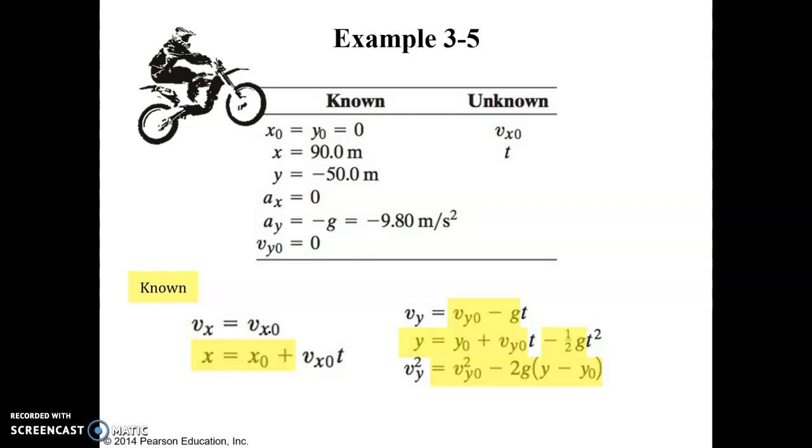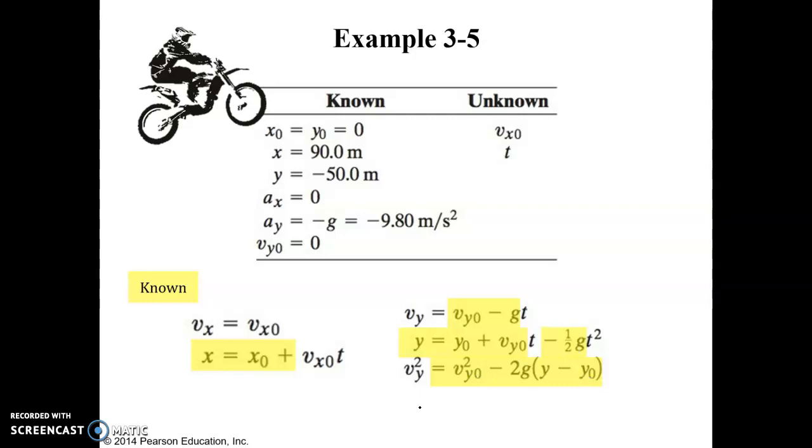If we look at the formulas that are given to you, what I've done here is I've highlighted in yellow all the things that we know. We know the final x position, we know the initial x position. We know the initial velocity in the y direction, we know what gravity is. We know the final y position, we know the initial y position. We know the initial velocity in the y direction, we know gravity, and so on.